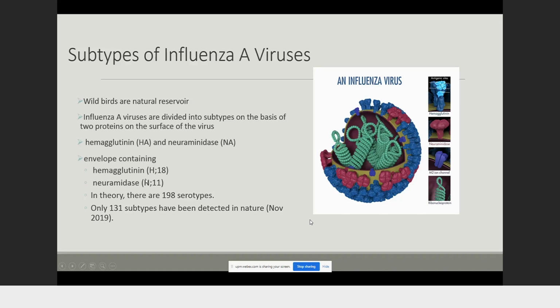Okay, in theory, by multiplying 18 H subtypes with 11 N subtypes, you will get 198 serotypes. Theoretically. However, so far in nature, only 131 subtypes have been detected as of November 2019.